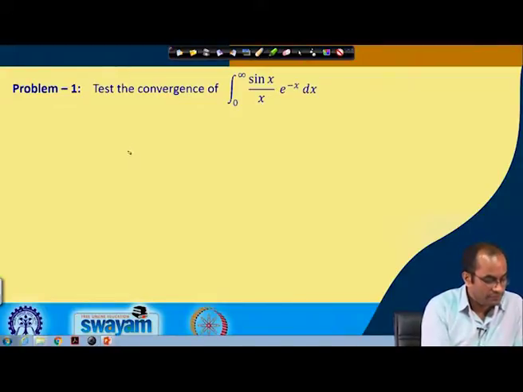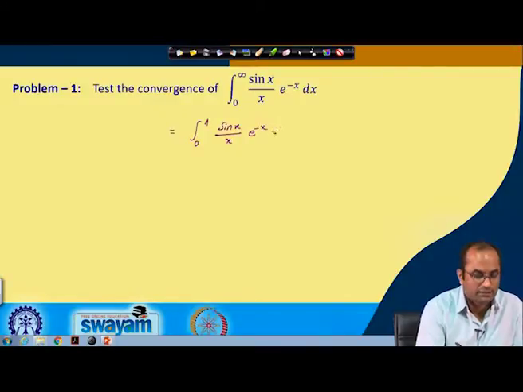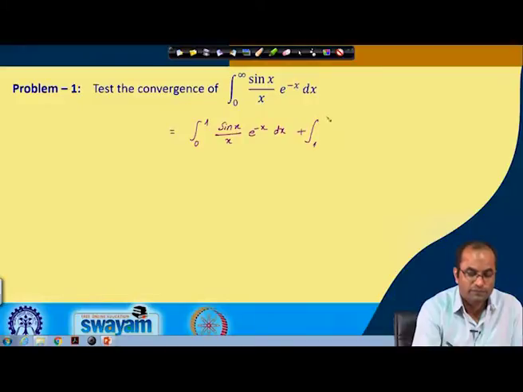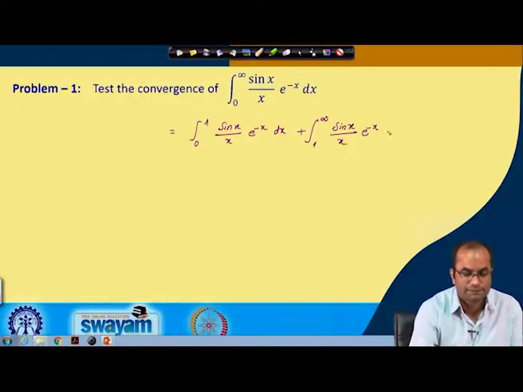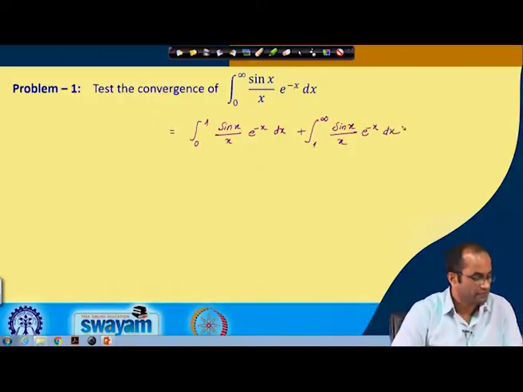So, in this case we will again use the idea that we can break this into the integral from 0 to 1 of sin x over x e^(-x) dx plus the integral from 1 to infinity of sin x over x e^(-x) dx.